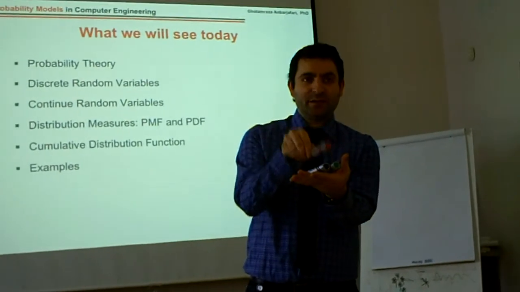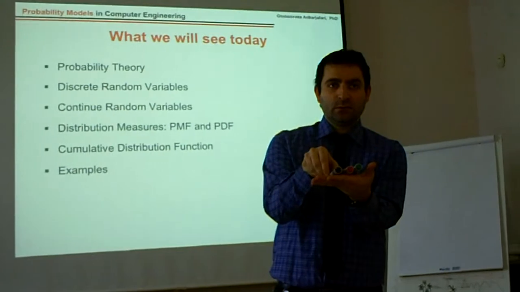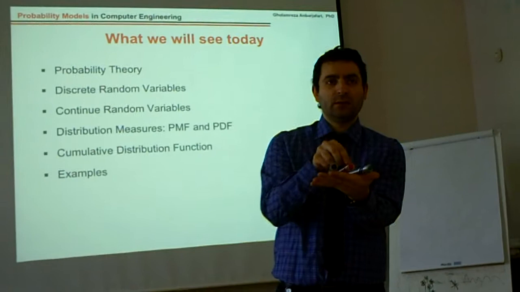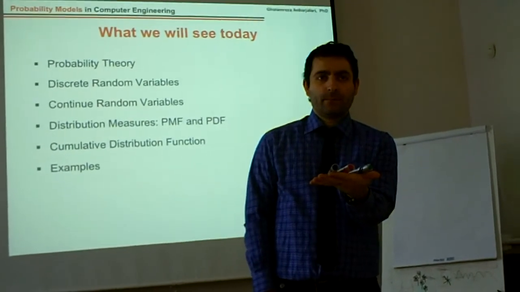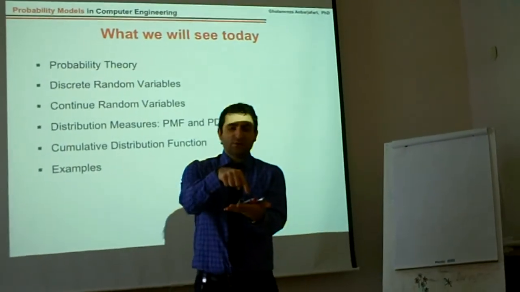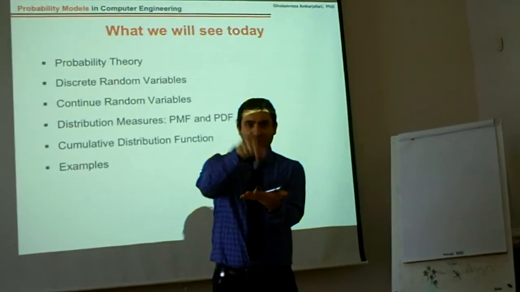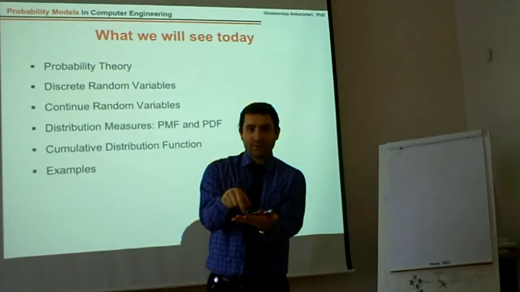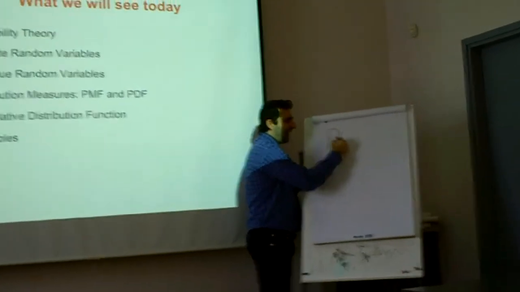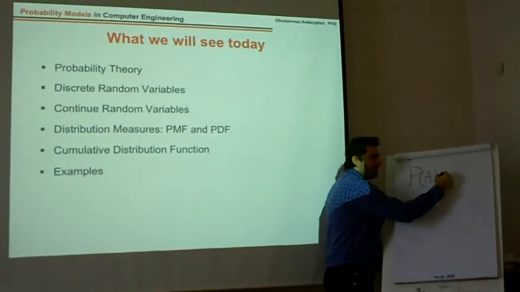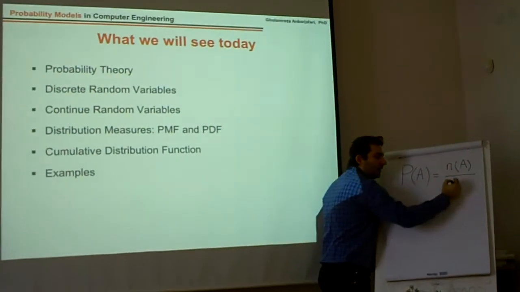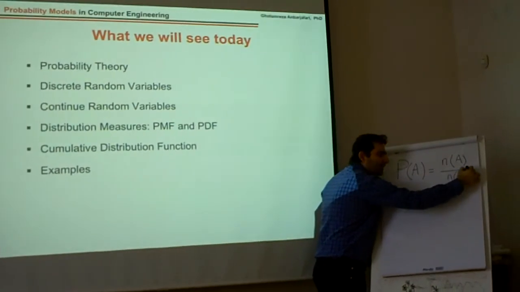What is the probability that I will pick up red? 1/3. Why? How do you calculate it 1/3? There is 1 red and 3 chances. Yes. So probability is defined as number of available events divided by total number of the events that we have. In other words, we write this: probability of having event A is number of elements of A divided by number of all the elements in the sample space.